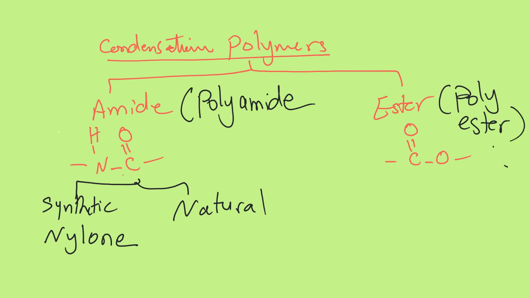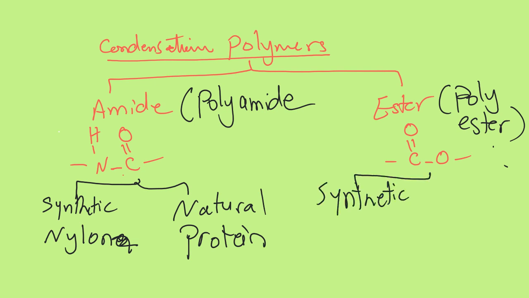The natural polyamide is protein. For the esters, also, we have synthetic and natural. The synthetic ester is polyester, like terylene.